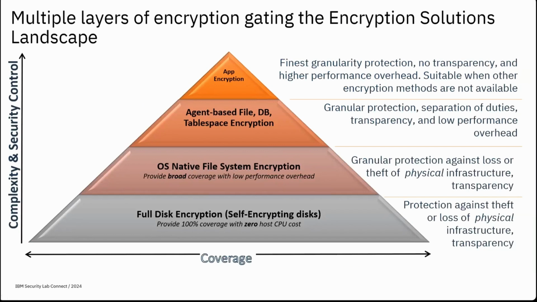So we talked about encryption in different phases of data. And as you can see in the slide, data encryption is pervasive. So encryption happens at all layers. You encrypt your data when it is on a disk using symmetric encryption, and that's the lowermost part of the pyramid that you're seeing.